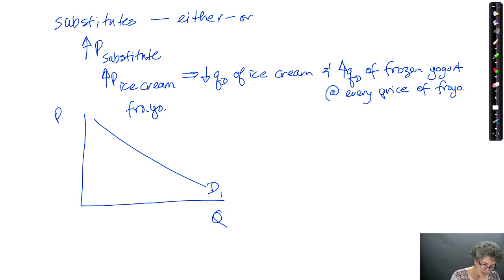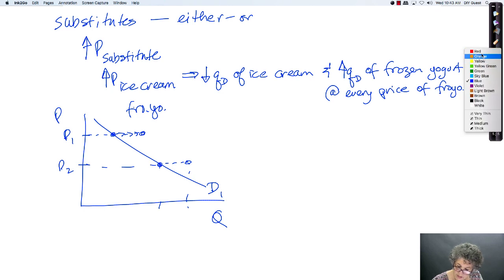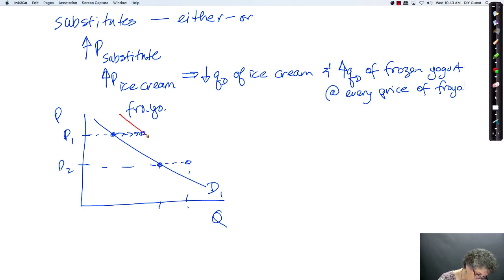What's happened is at every possible price, like a price of P1, the quantity demanded has increased. There's a higher quantity demanded at price P1. There's a higher quantity demanded at price P2. That's true at every possible price. And so we get an entirely new demand curve.